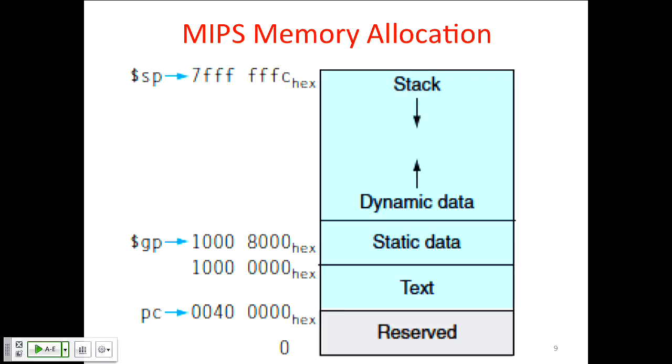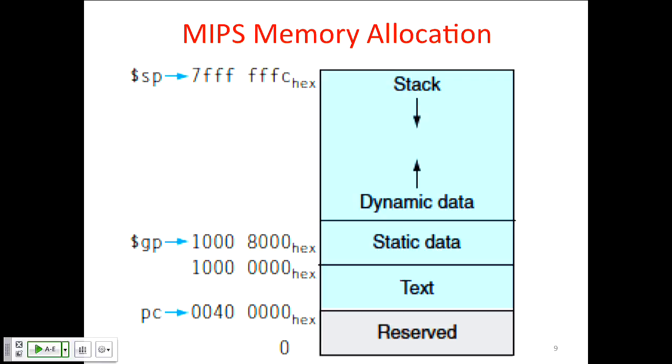And the reason they do that is a very common bug programmers have is using a value that's 0 as a pointer and trying to dereference it, right? Dereferencing a null pointer is a classic bug. And so by making the area around 0 off limits, you'll immediately detect when that's happened because the machine will just crash and say, look, you did something wrong here. You're trying to access address 0. Well, that probably means you had a null pointer that you were dereferencing. So there's a little area here that's off limits.